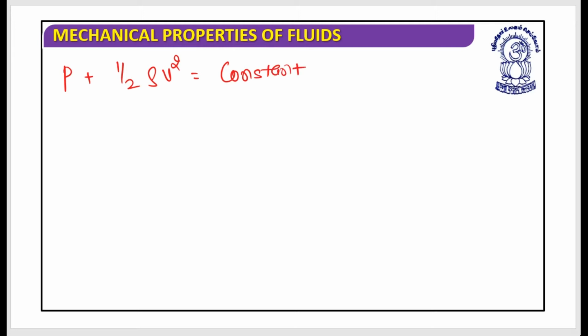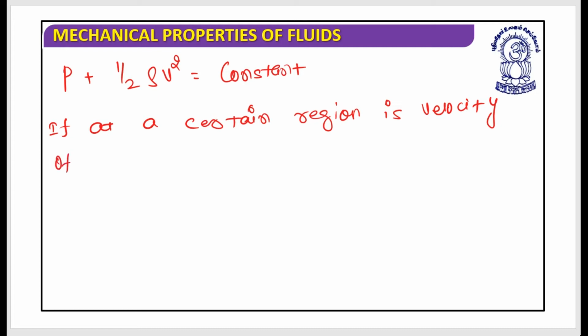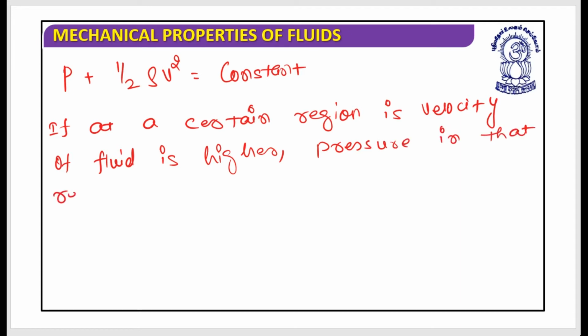So from this, if at a certain region the velocity of fluid is higher, the pressure in that region will be lower.